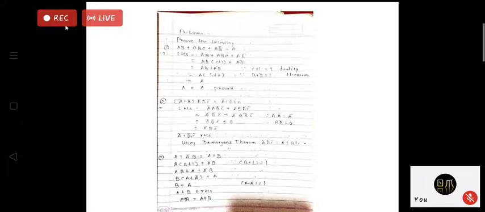For 10 marks, they give four such combinations and they ask to simplify by using Boolean laws. So these are the easiest of the six modules wherein you should score full marks in this particular module. One and a half questions are expected as per the discussion in the syllabus meeting.